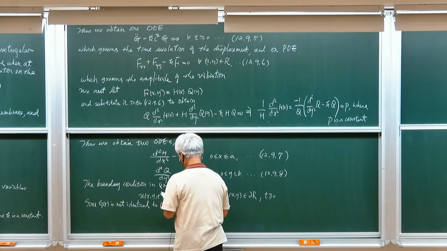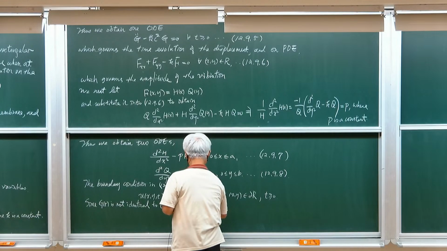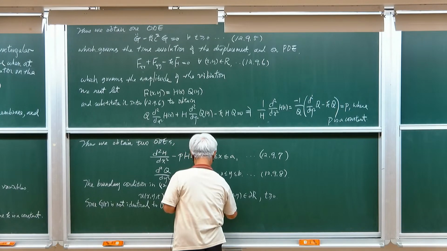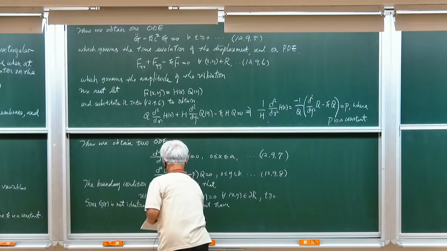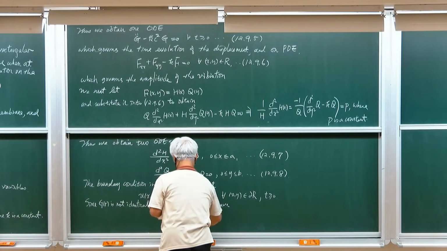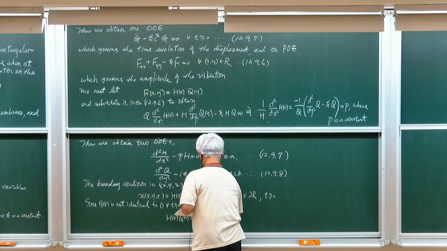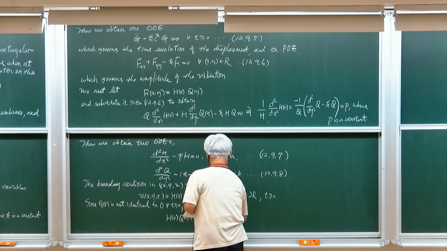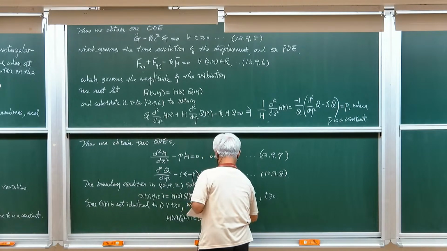So we must have h of x, q of y equal to 0 for all x, y in the boundary.